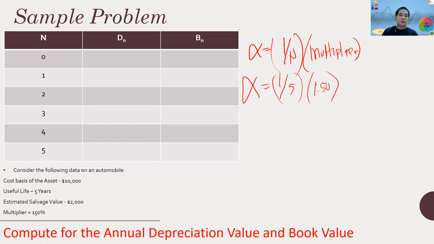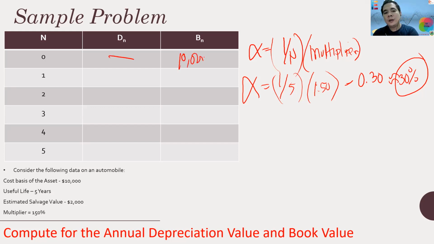That is equivalent to 0.3 or 30%. That would tell you that your depreciation value is 30% of the asset's book value at the end of each year. So we all know that this is 10,000. Okay?